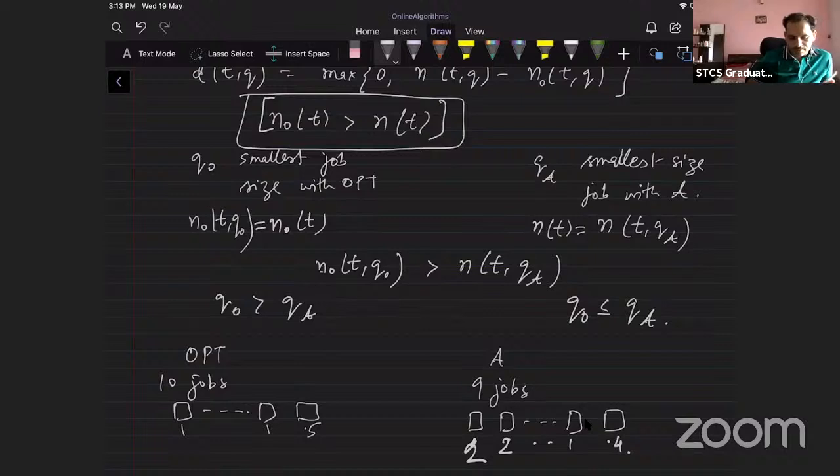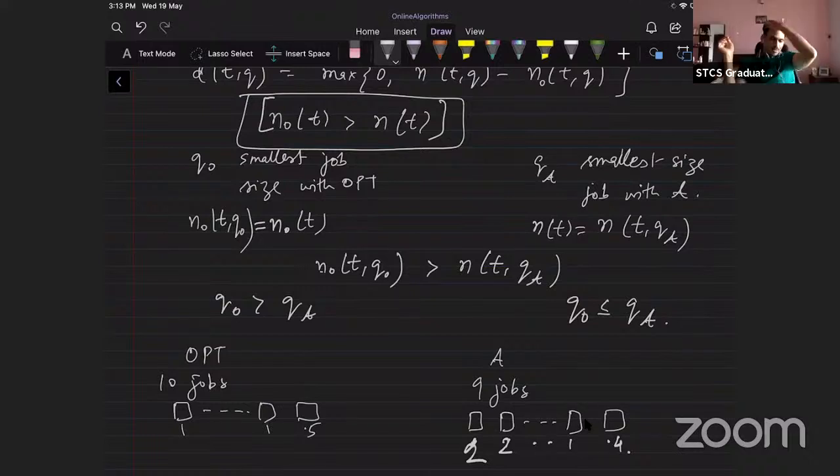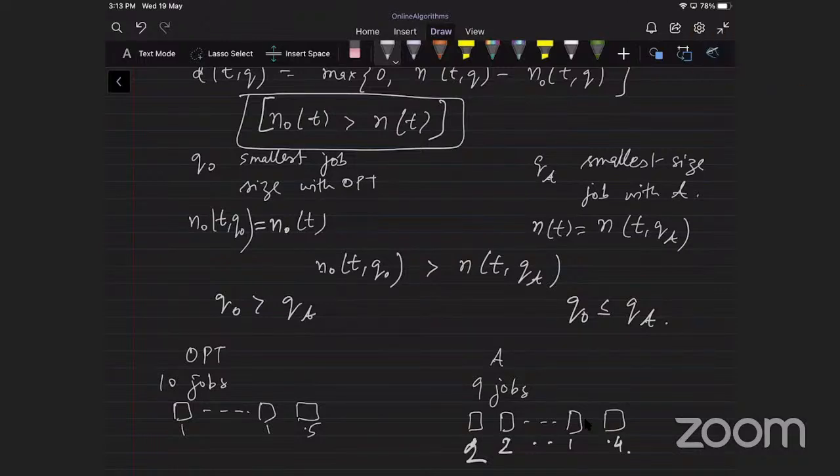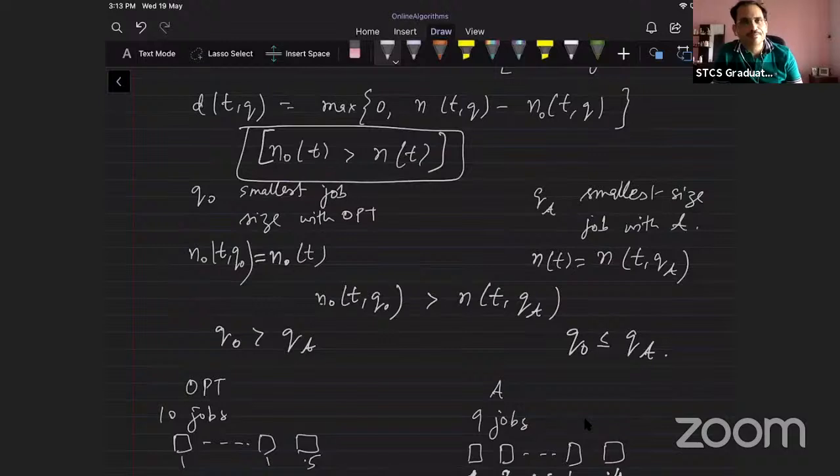No, who says? All we are comparing is numbers. We are not comparing set of jobs. All we are saying is that the number of jobs with the OPT is larger than number of jobs with the algorithm. That is all I know. I don't know their sizes. But still, you should be able to say that d phi of dt is actually less than or equal to 0.